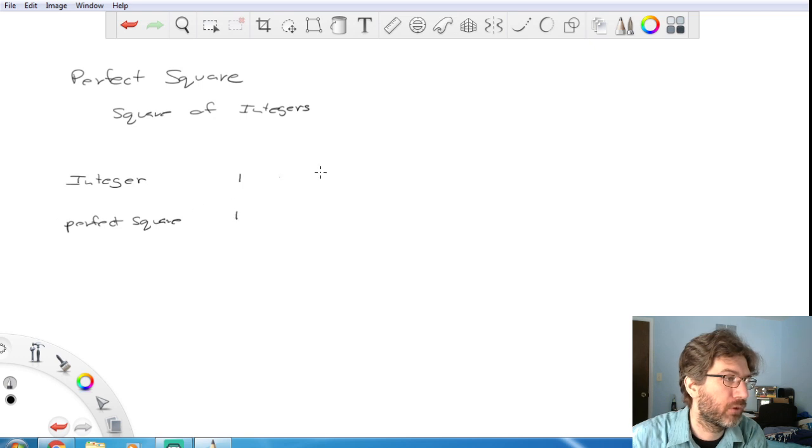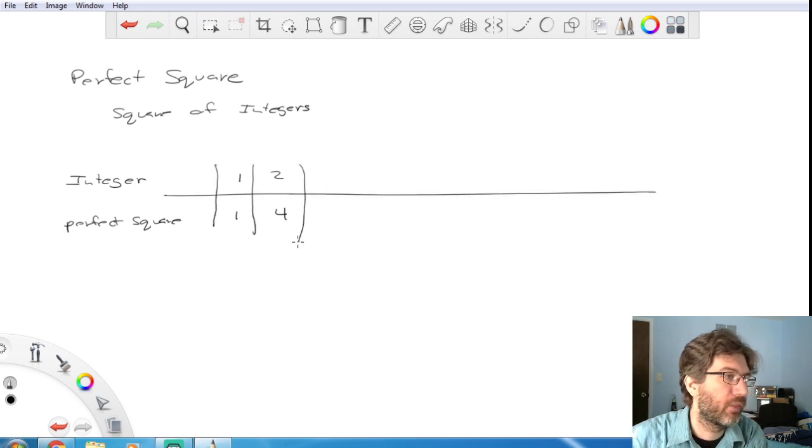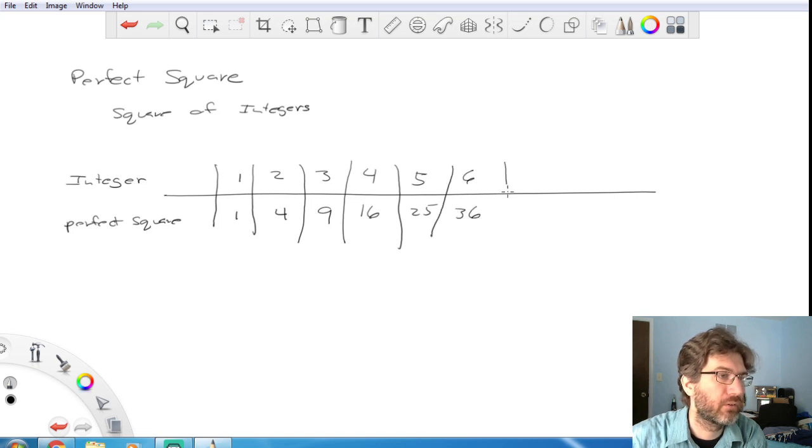If our integer was 2, 2 squared would be 4, so our perfect square is 4. 3 squared would be 9. 4 squared would be 16. 5 squared is 25. 6 is 36. 7 is 49. 8 is 64. 9 is 81. 10 is 100.